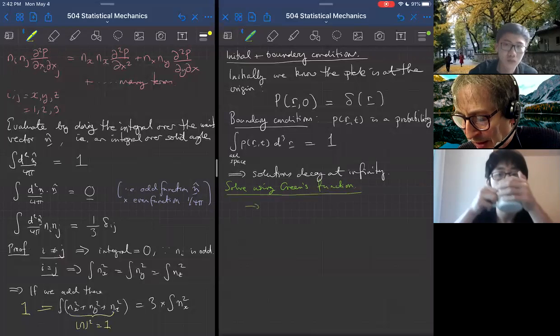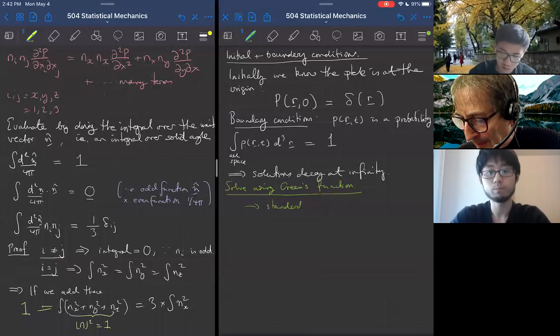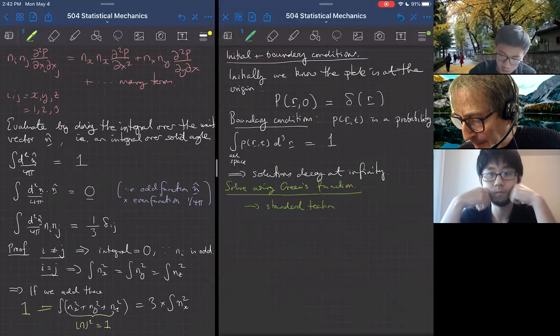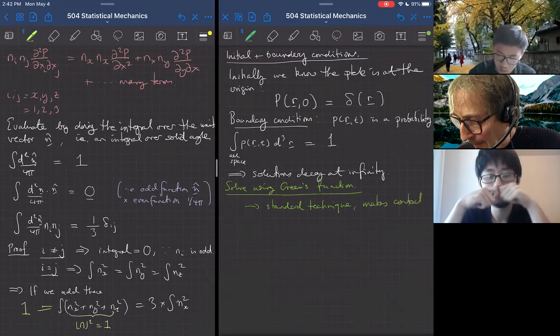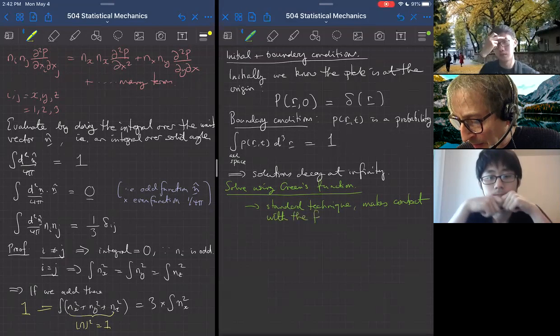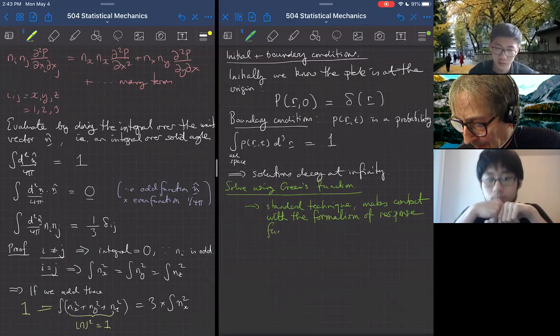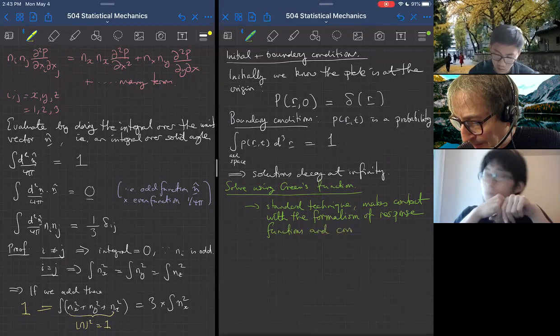So the reason we're doing this is, one, this is a standard technique, and this makes contact with the formalism of response functions and correlation functions.